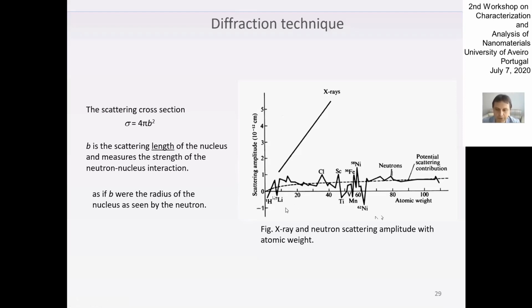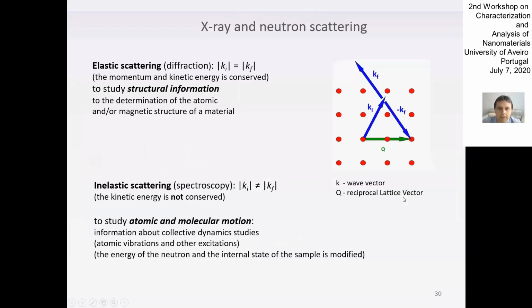But it's just information. So for neutron scattering, this parameter can even be negative, and there is no function to describe the scattering intensity versus atomic number.